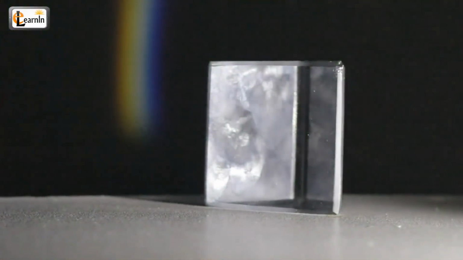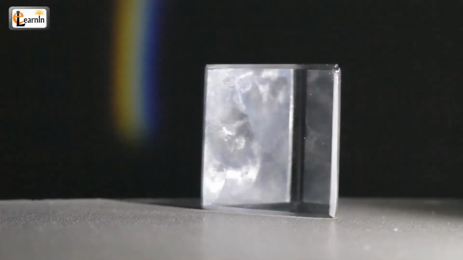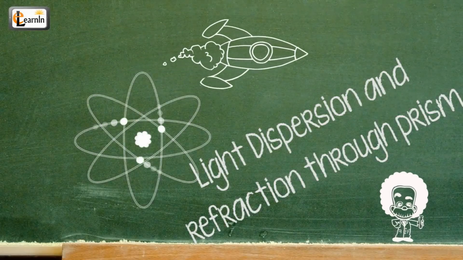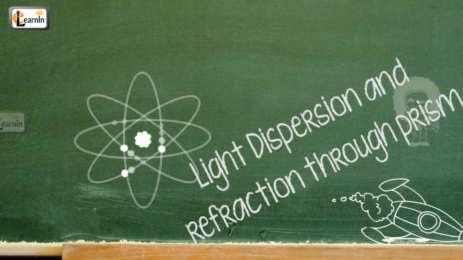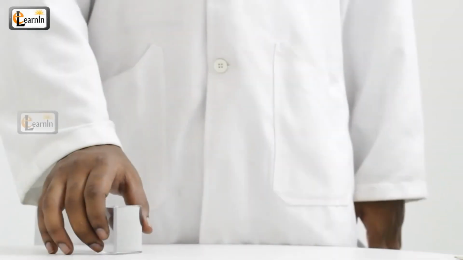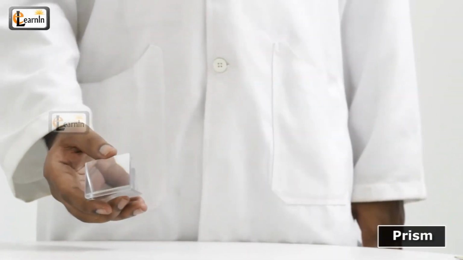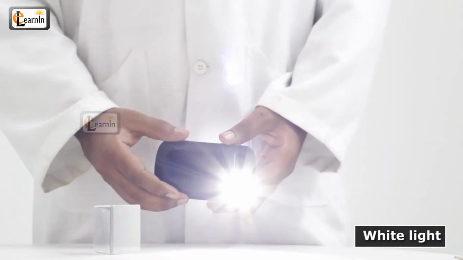Before we understand what refraction is, let us conduct this easy and cool experiment of extracting a rainbow from white light. For this experiment, you'll need a prism, white light, and a dark room where the refraction can clearly be seen.